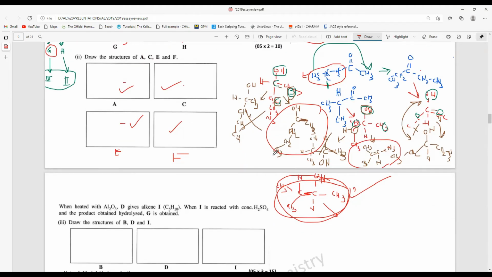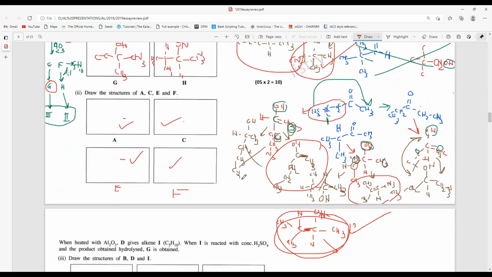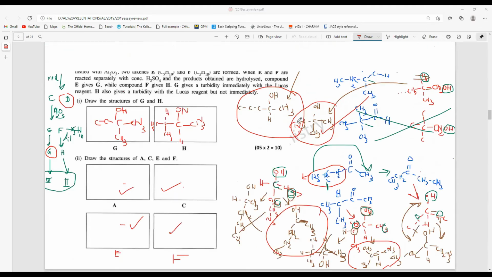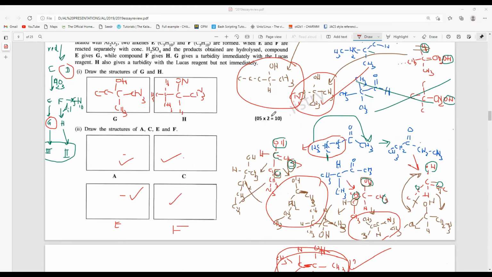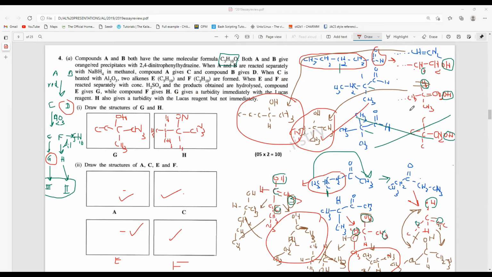I'm not going to dive deep into this because we have already discussed these types of questions more and more. You just need to consider what structure can be taken there in order to determine the structure. If you consider the remaining structures, this could be one of the structures that can be taken here.